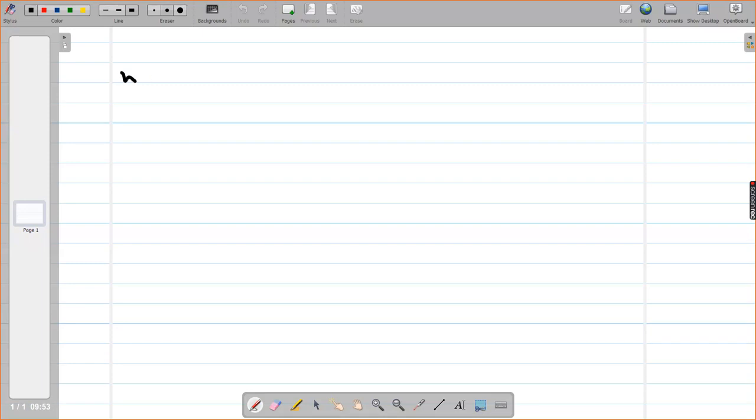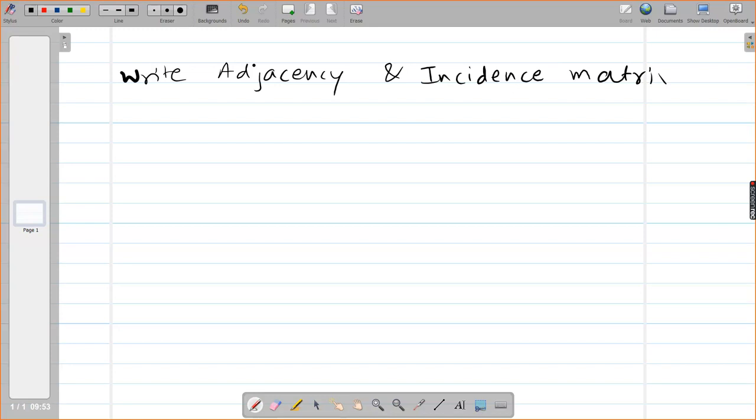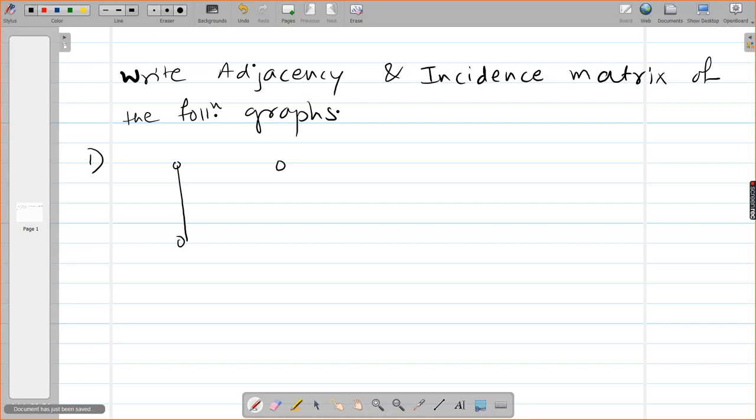Write the adjacency and incidence matrix for the following graphs. I'm giving you two examples. One I will solve with you. The second one is your homework.